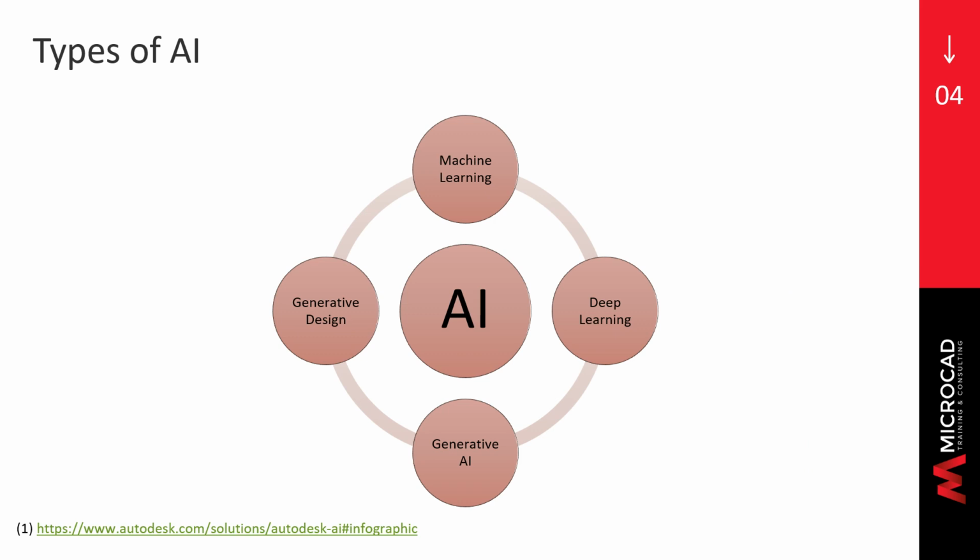When we're talking about artificial intelligence, we might be talking about several different things: machine learning, deep learning, or generative AI. Machine learning is a subset of AI, a subset of the methodologies and algorithms used for managing big data that lets computers learn.